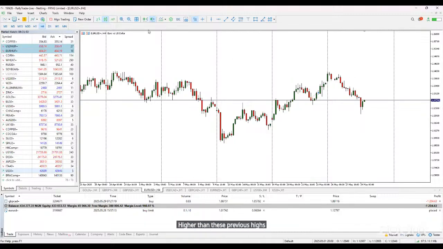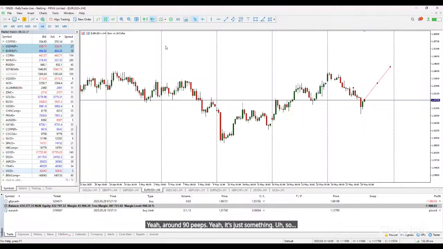So let me calculate the pips from here. From here, that place will now be around 90 pips. Yeah, it's still something.